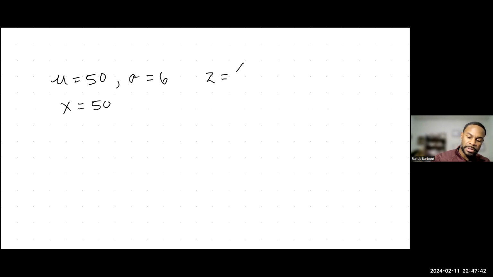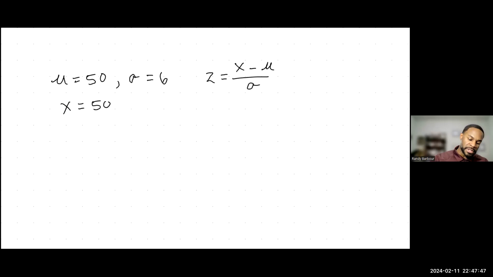All right. So here's the whiteboard. They gave us values for the population with a mean of 50 and a standard deviation of 6. Our first one was x equals 50. We know that our z-score formula is x minus our mean over our standard deviation.